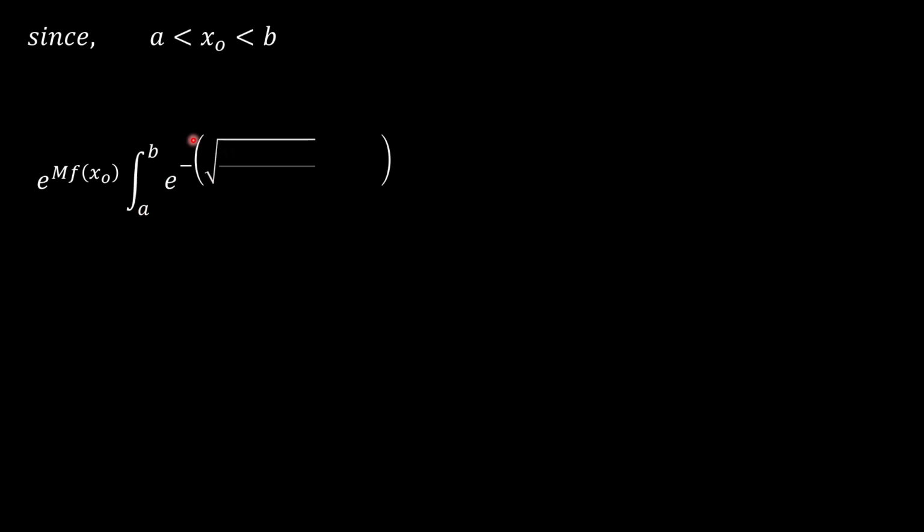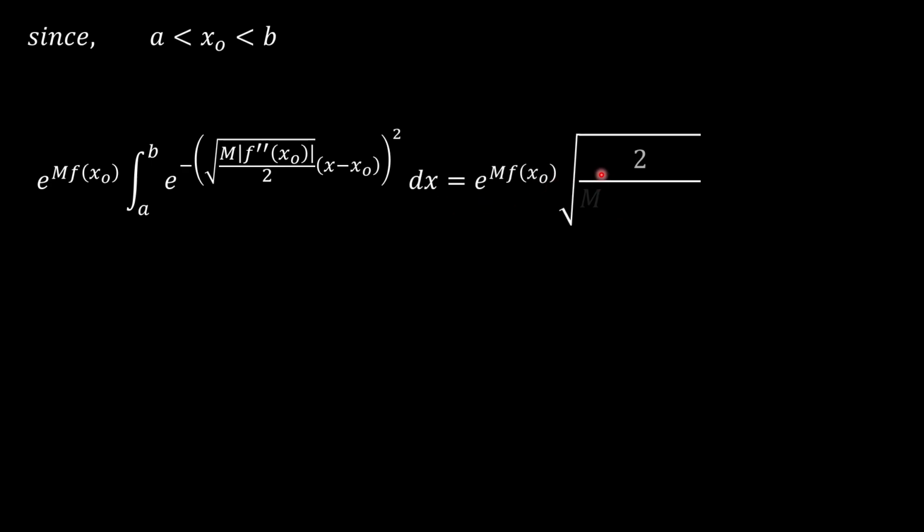So first, since x naught lies between a and b, the integral here becomes, from the x domain to the y domain, so we're changing dx to dy. So this constant, we've pulled that out.